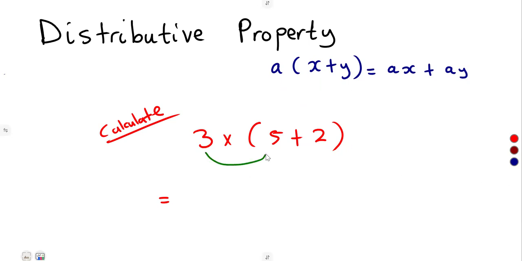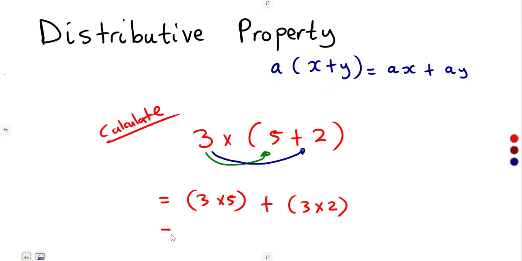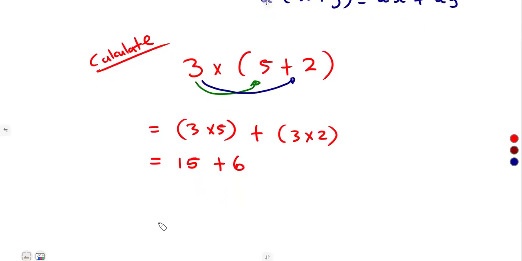So that is 3 times 5, you combine it, plus 3 times 2. So 3 times 5, we have 15, plus 3 times 2, which is 6. So we can add these two. 15 plus 6, which is 21. Distributive property.